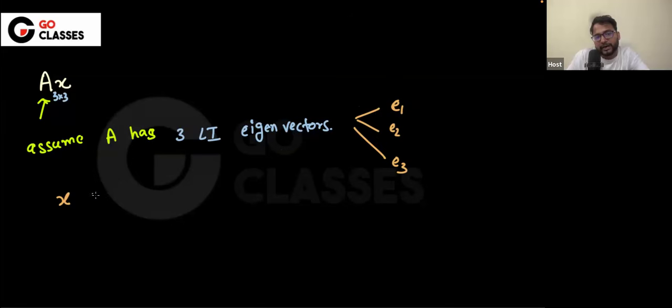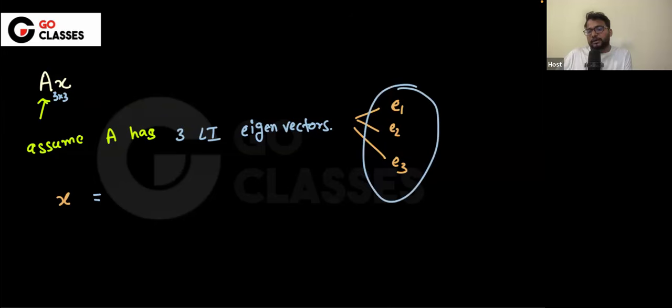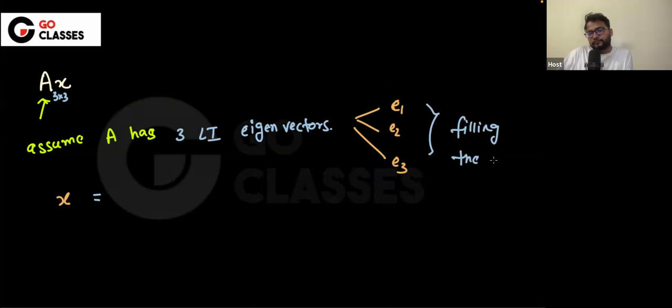Can I write this X as a linear combination of these three vectors? Because you have three vectors in R3, so you are filling the space, right?